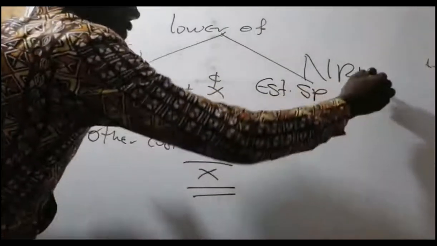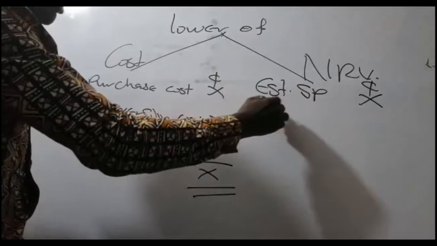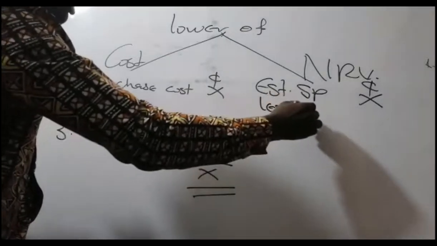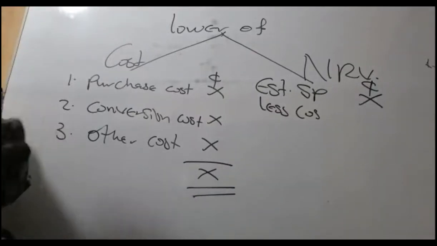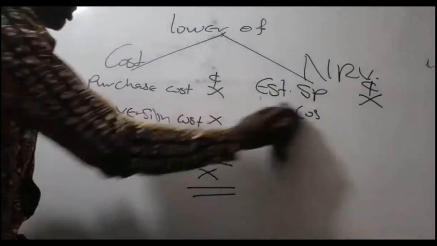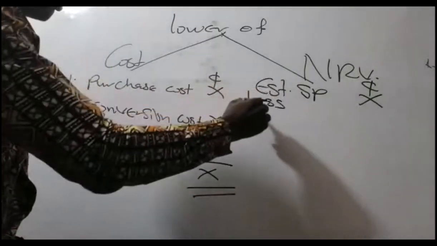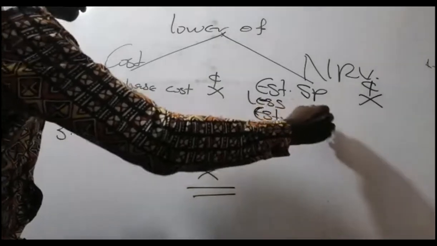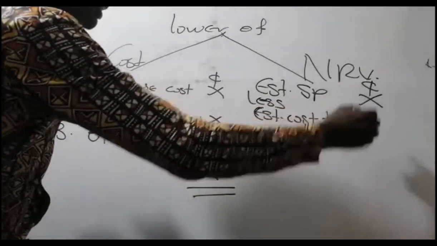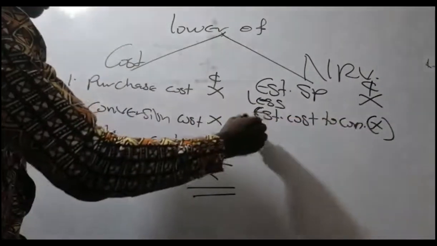Now it will be so much, less what? Estimated cost to complete. Less estimated cost to complete. And then what?